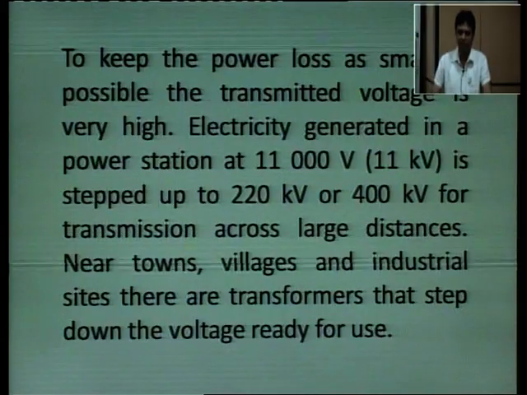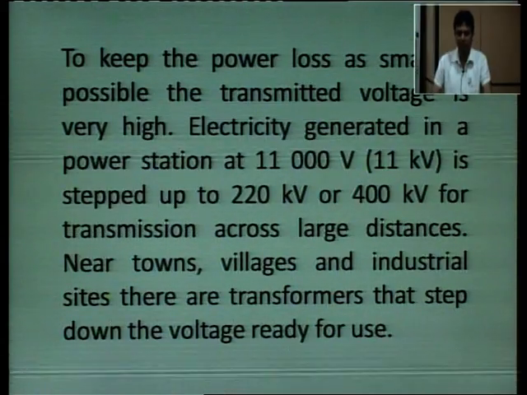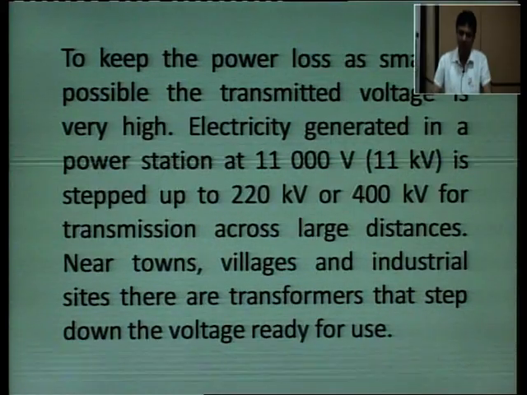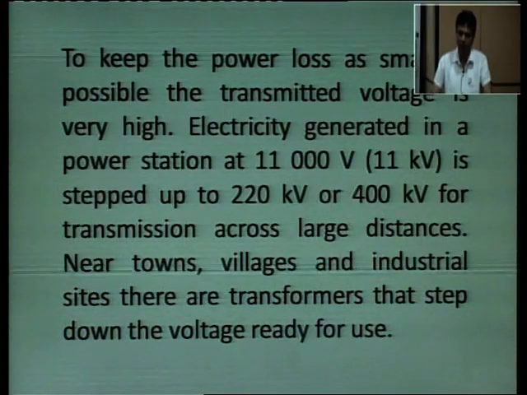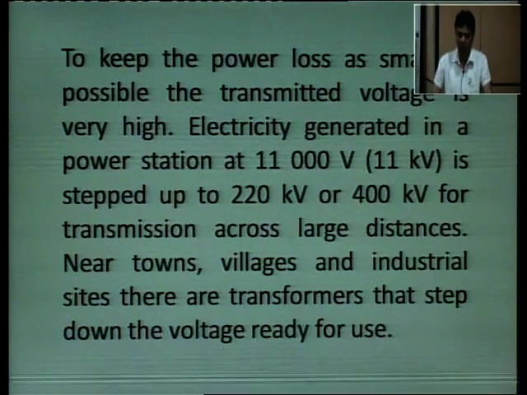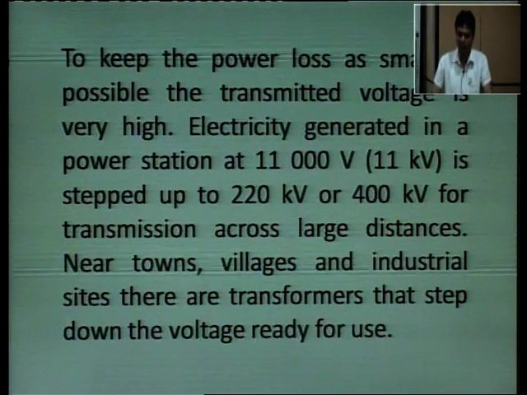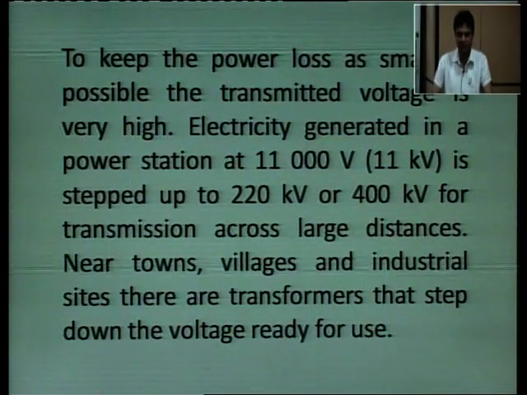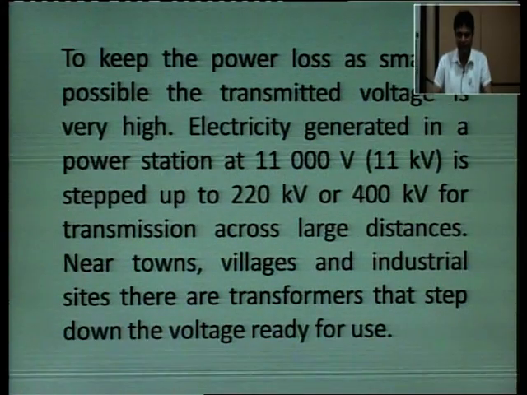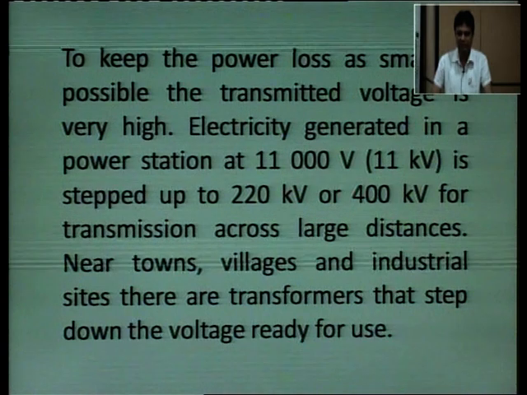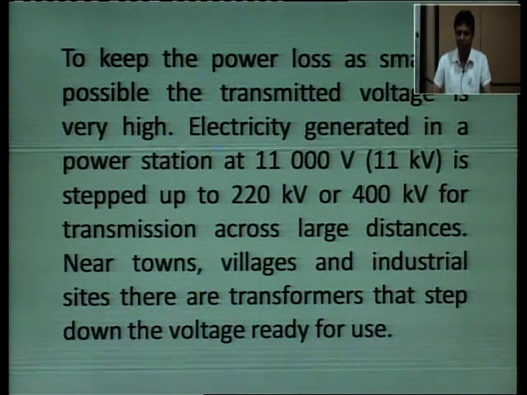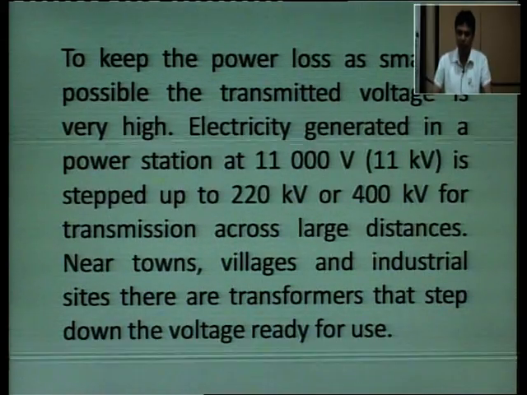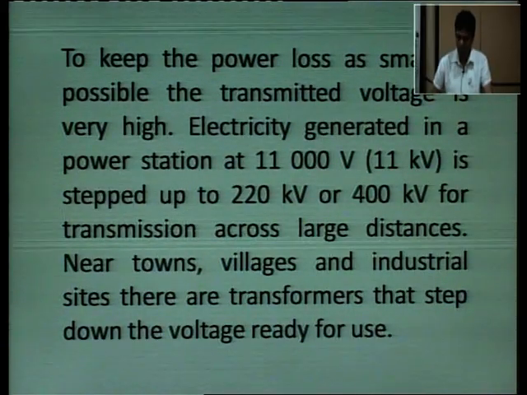Electricity generated in a power station at 11 kV is stepped up to 220 kV or 400 kV for transmission across large distances. Near towns, villages and industrial sites, there are transformers that step down the voltage ready for use.